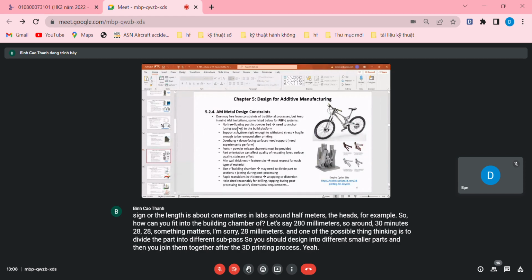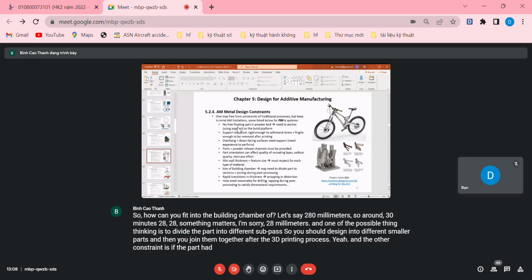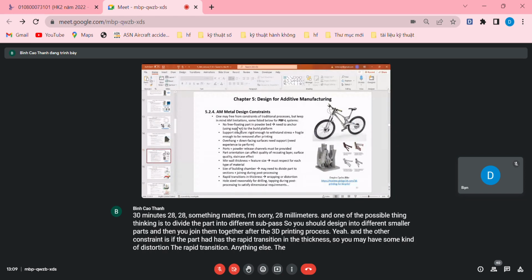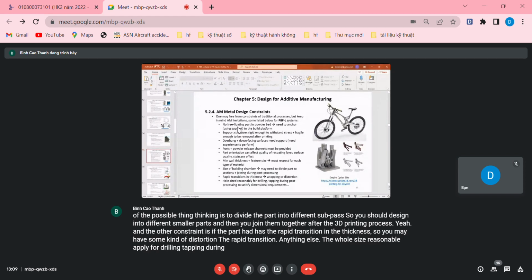And the other constraint is if the part has a rapid transition in thickness, you may have some kind of distortion. Also, the hole size should be reasonable for drilling and tapping during post machining, to satisfy the dimensional requirements.